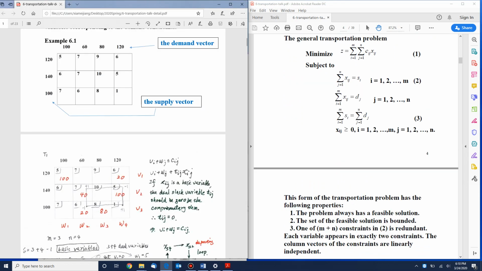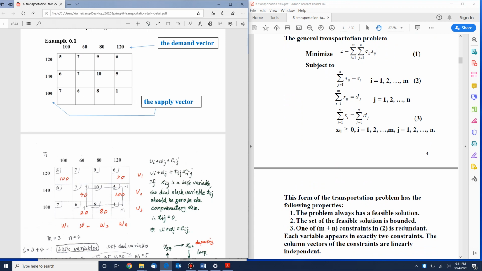In this way, the general transportation problem can be written in this form: minimize the cost, the sum of Cij multiplied by Xij, subject to the supply equations and the demand equations.